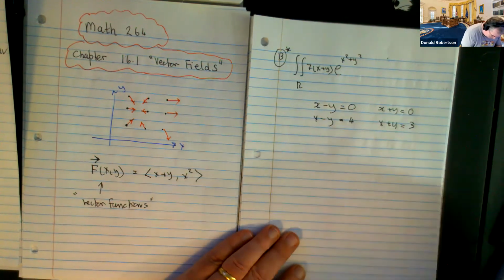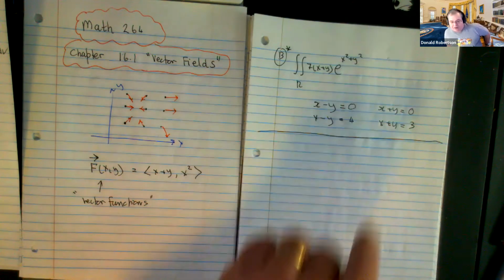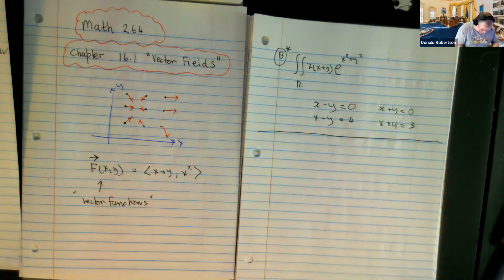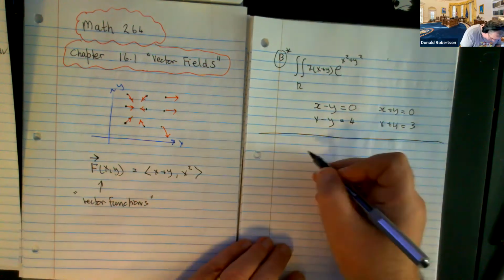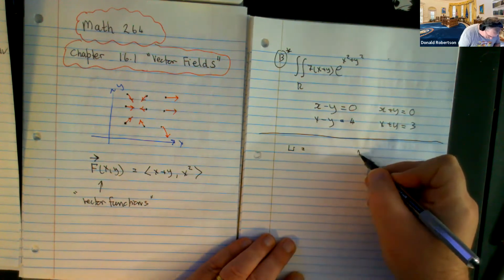And we are going to do a change of variable. This one is harder because no one has told us who u and v are going to be.